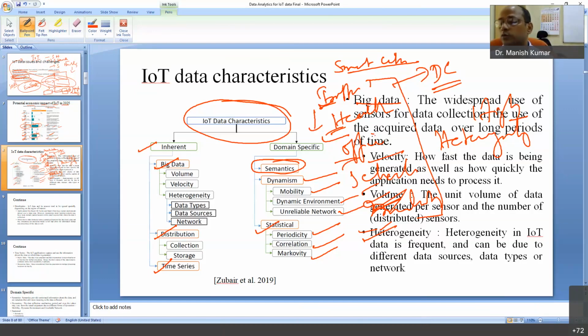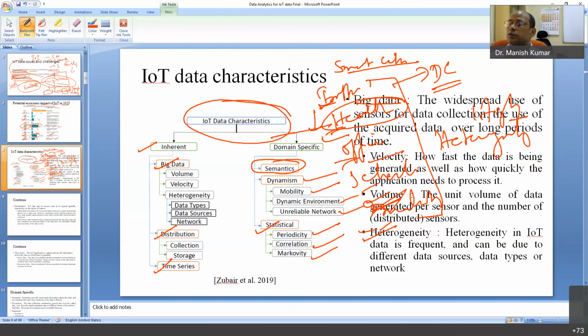Okay, so high heterogeneity, not only across domains, interdomain heterogeneity will be there, even there will be heterogeneity within the intradomain also. Like if I'm talking about health, then there may be a set of hospitals. It is not necessary that each of the hospitals would be using the same systems or the same applications.